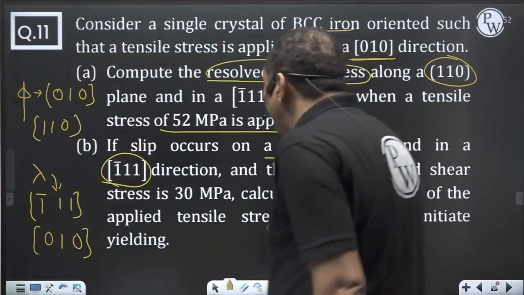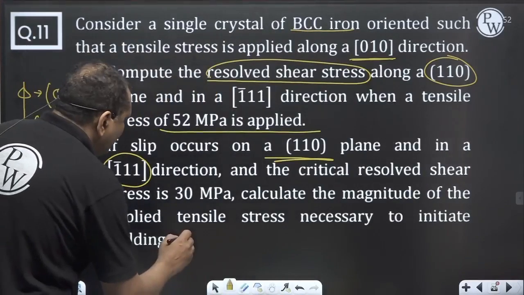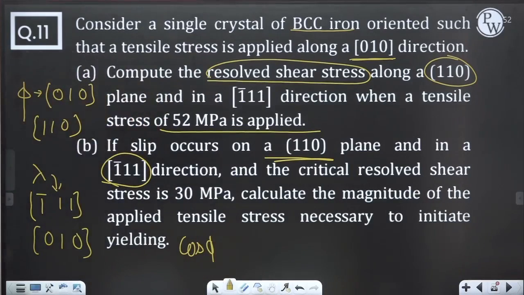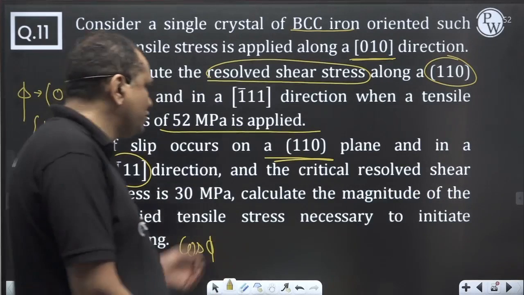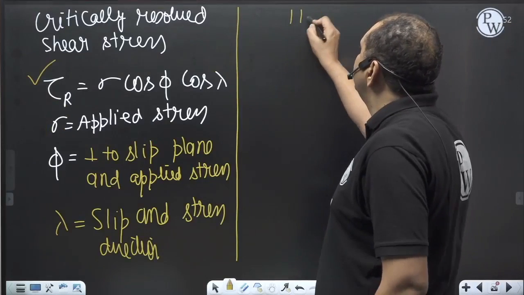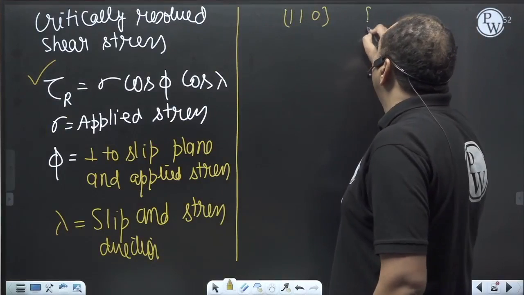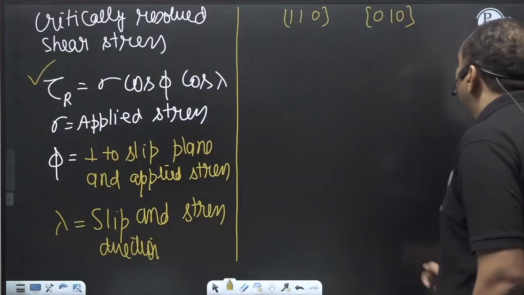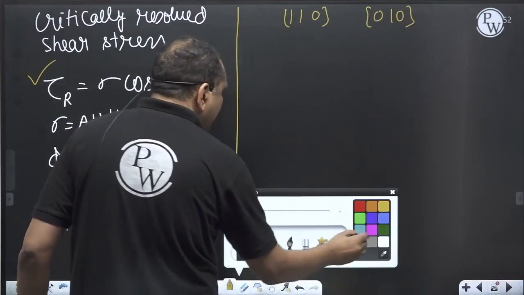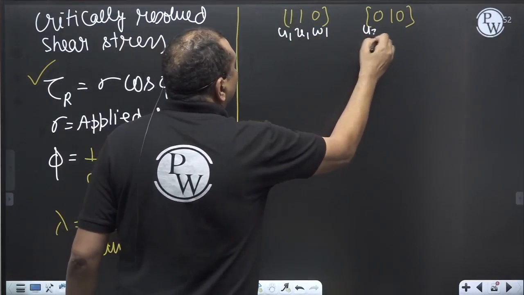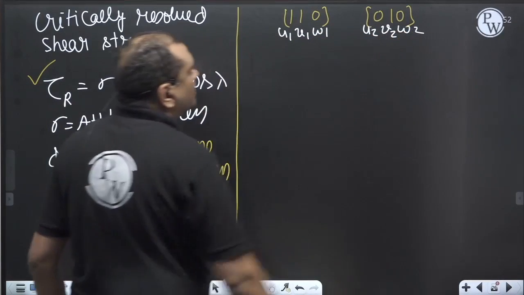So how exactly do we calculate? Let us say cos phi. I think the next page will be better, otherwise there will be too much hodgepodge here. So 110 and 010, right? Yeah, correct. So this is U1 V1 W1, U2 V2 W2.